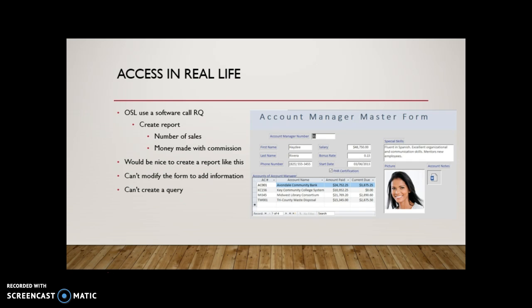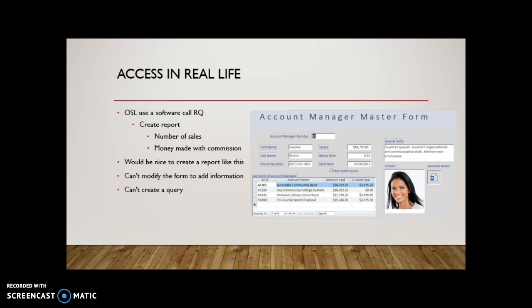I really like to have a report like the one in the picture, because sometimes we need to call another seller and we do not necessarily have their information. So it would be much easier if we could create or change some of the things in the report. That's one of the things that we cannot do with RQ.